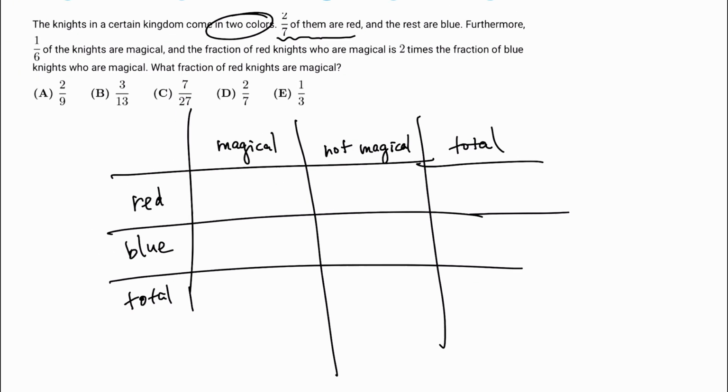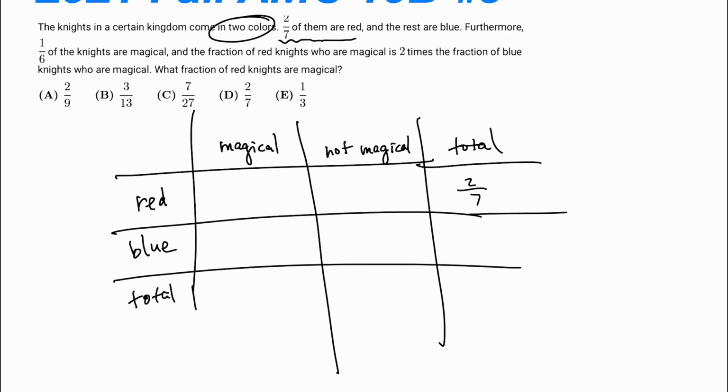Well, the total red, that is going to be 2/7, and this is 5/7. And the fraction of red knights who are magical is 2 times the fraction of blue knights who are magical. What fraction of red knights are magical?